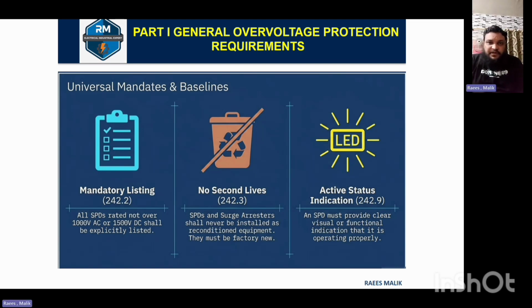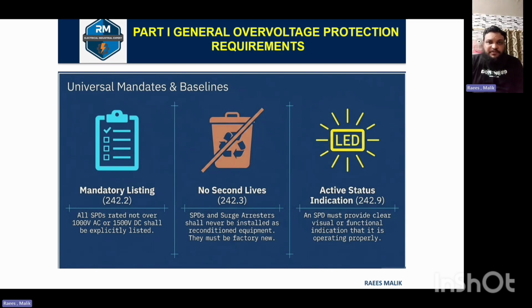So when it comes to part one, the general overvoltage protection requirements, clause 242.2 is all about mandatory listing. All SPDs less than 1000 volt or 1500 volt shall be explicitly listed. 242.3 tells us that SPDs and such arrestors shall never be installed in a refurbished or reconditioned state.